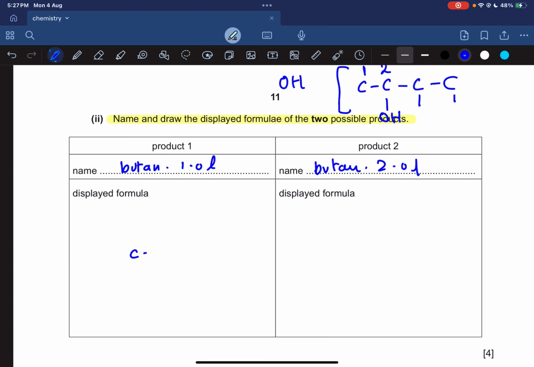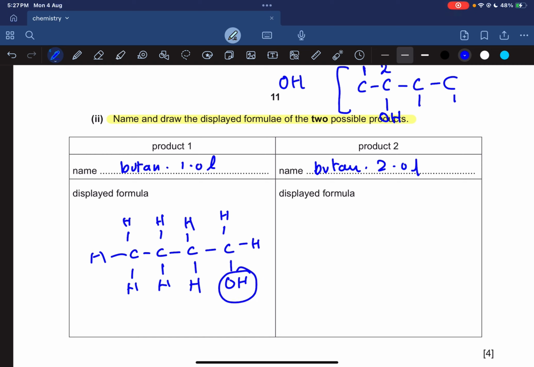So butan-1-ol is going to be 1, 2, 3, and 4, and OH on the first carbon, and the remaining you have to draw all the hydrogens. But I'm doing something incorrect. If someone of you can point out what I'm doing incorrect, that's going to be a genius, because this is incorrect. Displayed formula means that I cannot write OH like this.